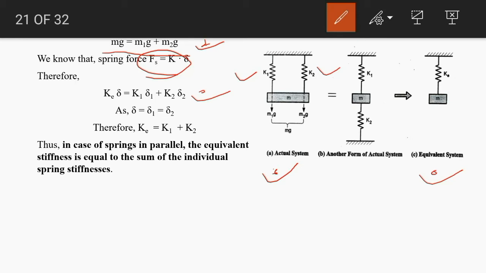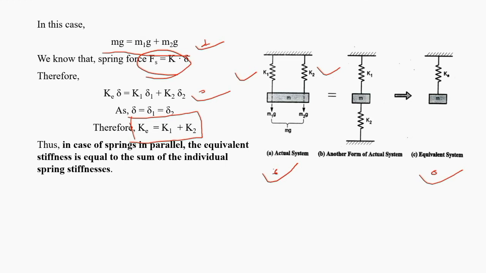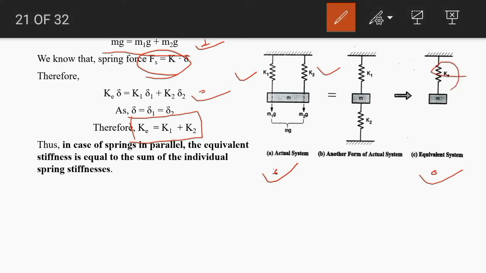As delta is equal to delta 1 is equal to delta 2, we finally get the equivalent spring stiffness ke is equal to k1 plus k2. So when springs are in parallel, the equivalent stiffness can be found by summing the individual spring stiffnesses, and that's how we can simplify the model.